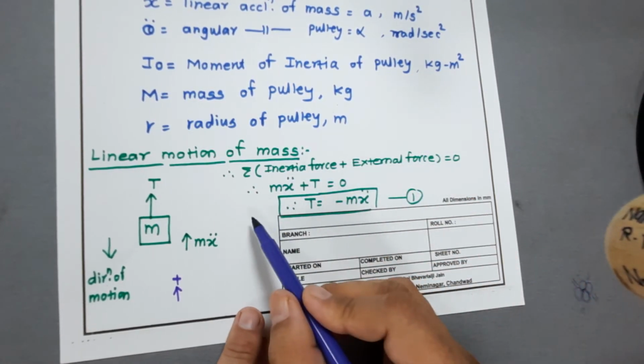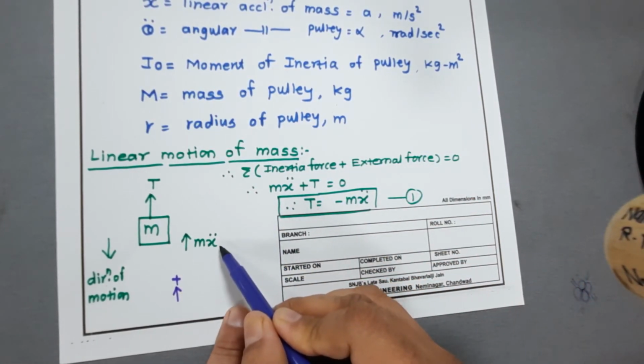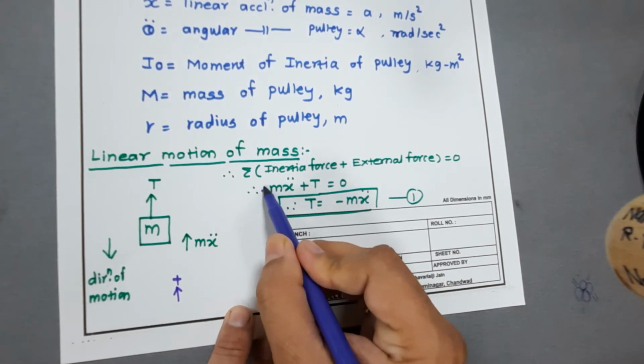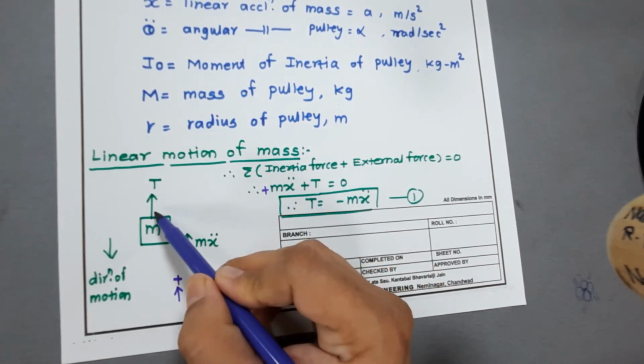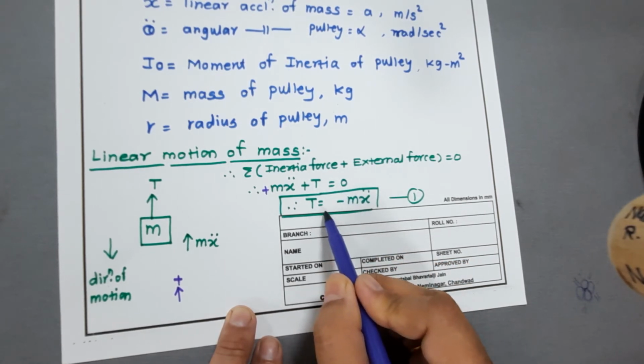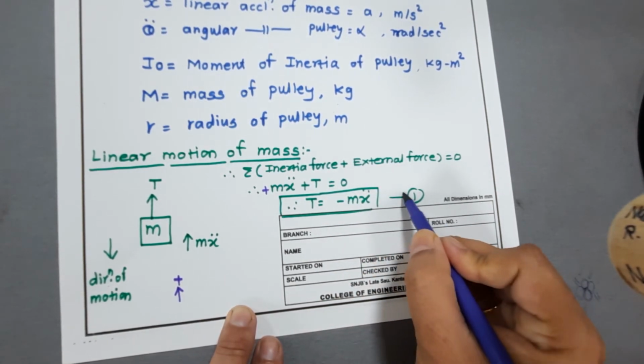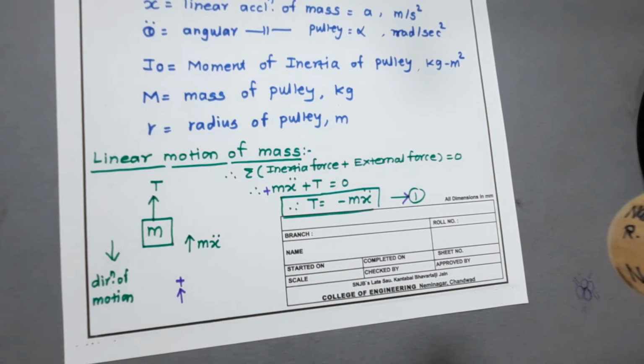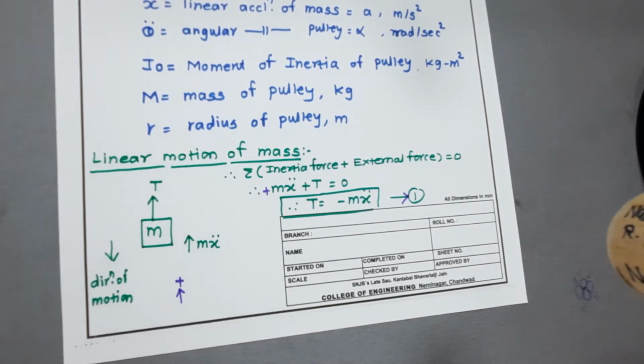So plus m x double dot plus T is equal to 0. Therefore T is equal to minus m x double dot. This is equation number 1, the details of the linear motion of the mass.